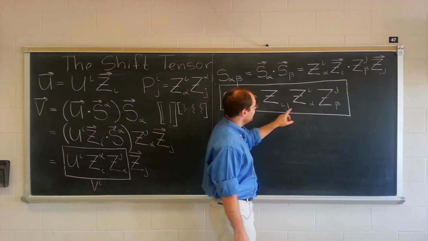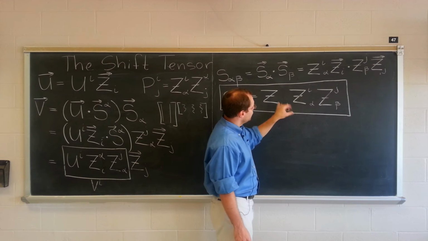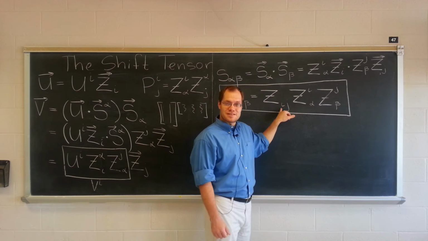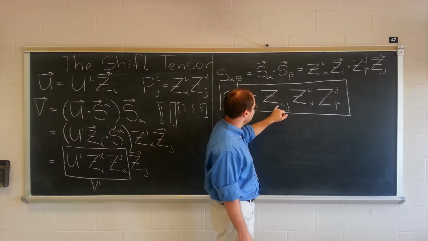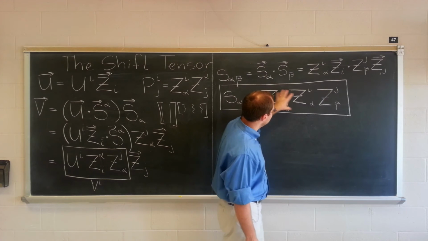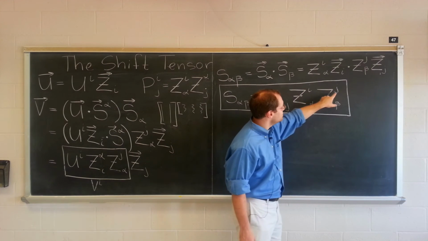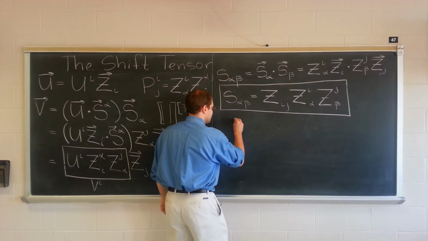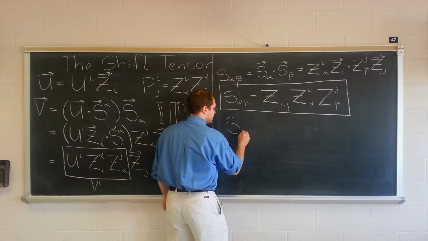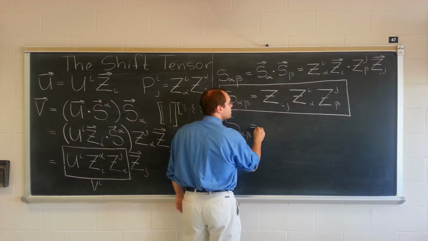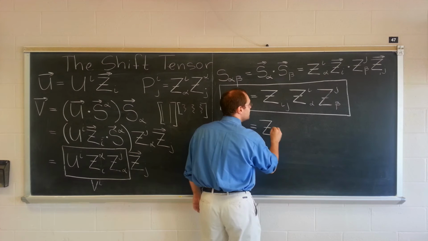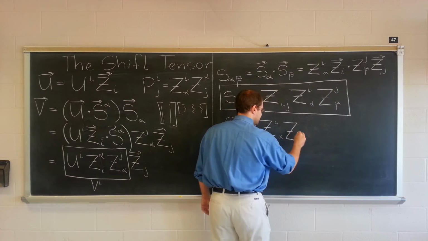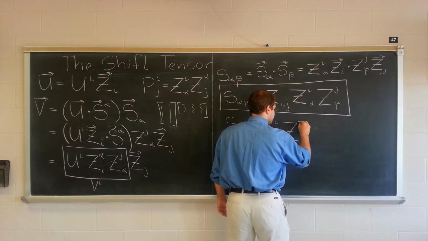Now let's talk a little bit about index juggling. You've noticed that metric tensors usually don't appear explicitly. And the same will be the case here. So let's think of this contraction on J as lowering the index J, in which case we may write S alpha beta equals Zi alpha Zj beta.